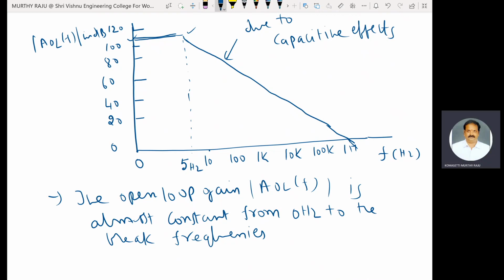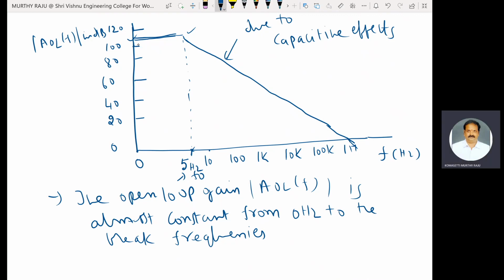At f equal to f naught, this is the f naught. The gain is 3 dB down from its value at 0 Hz. That is the 3 dB frequency.